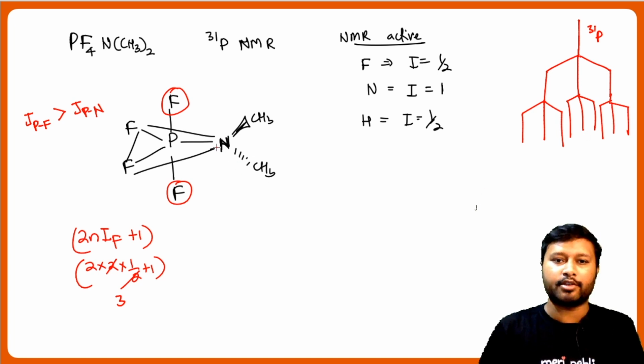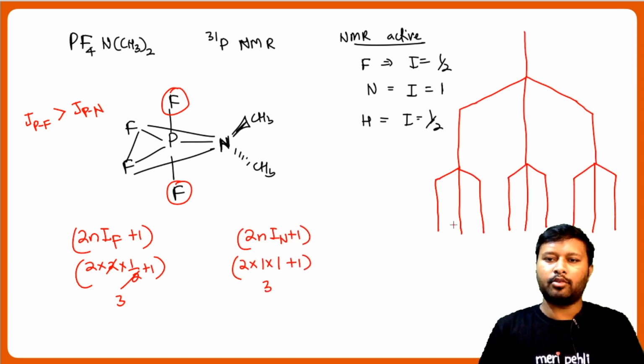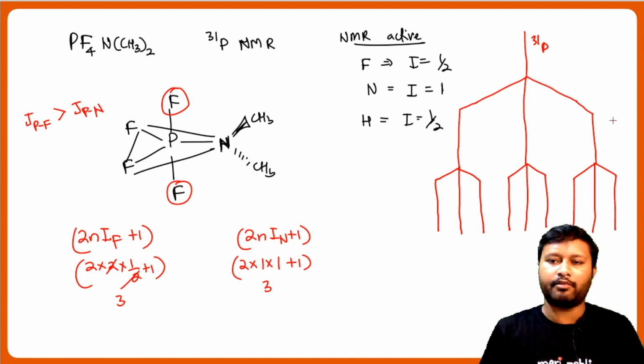Okay, and at the end what will happen? This nitrogen is going to split it up. So I'll just write down here. The first splitting has happened because of 31P. This thing which you are observing here is because of axial fluorine.